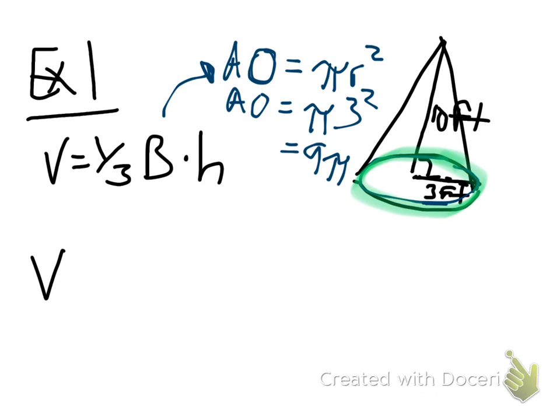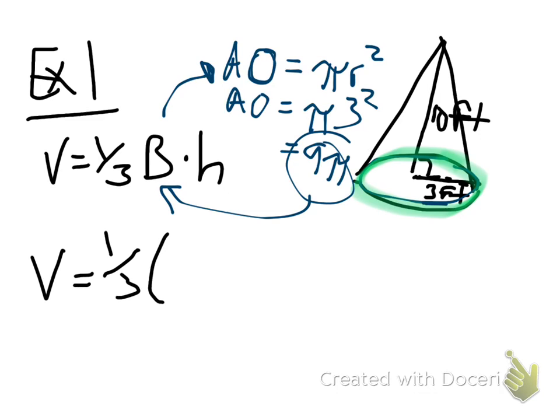So we can plug this in place of our base area. The volume equals 1/3 times our 9 pi times our height. And your height is, look at where it makes the right angle, 10 feet.